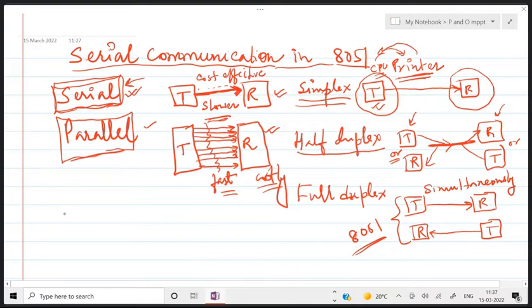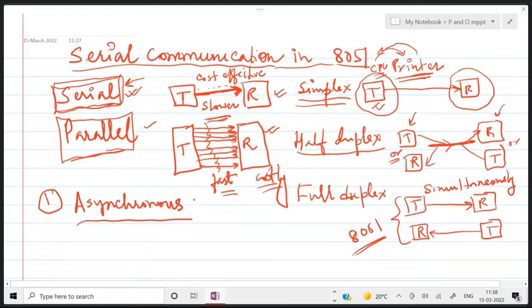Then I would like to discuss two more terms associated with serial communication. One is asynchronous serial communication.